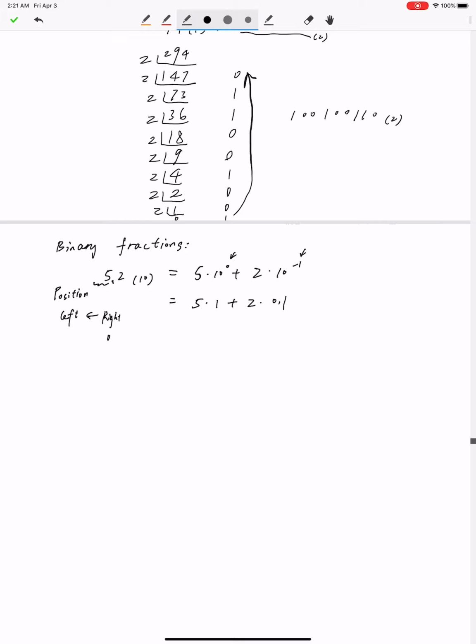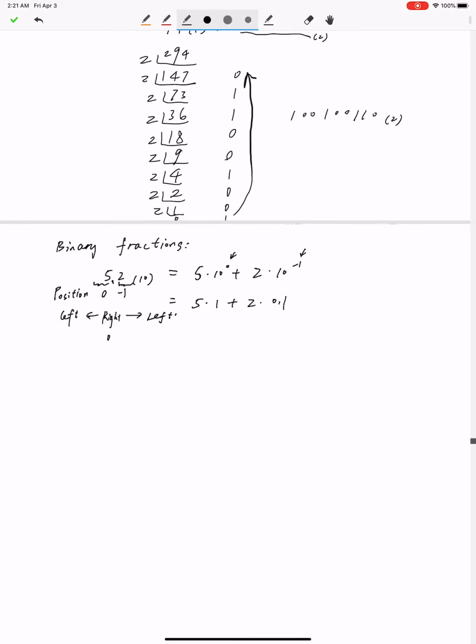We only have one digit on the left hand side, so the position of 5 is 0, right? The right hand side of the decimal point is the other part of this number. To count these positions, you start from right to left and starting from -1, right? So here 2 is the only digit on the right hand side of the decimal point, so the position of digit 2 is -1, right?